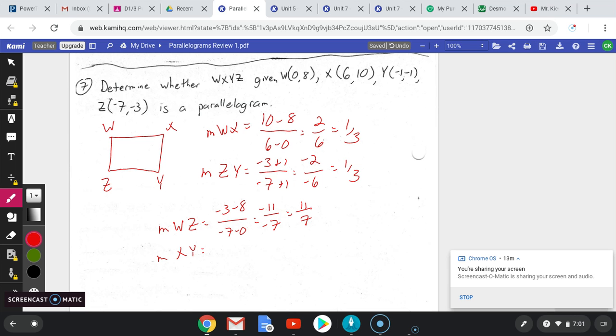So find the slope of XY, and that would be negative 1 minus 10 over negative 1 minus 6, negative 11 over negative 7, which again is 11 over 7. So yes, we had same slopes here. This is a parallelogram. But remember, make sure you do look at how you use the distance method too, and the slope and distance method.